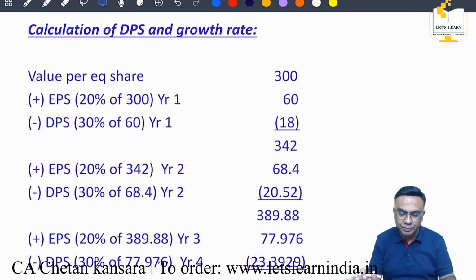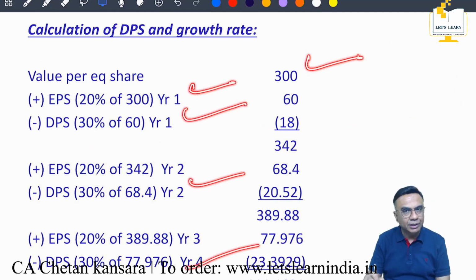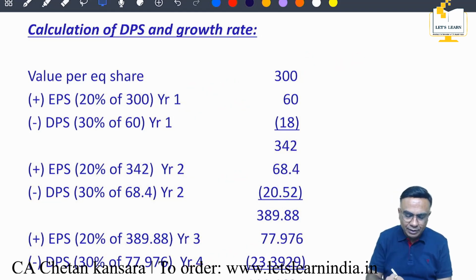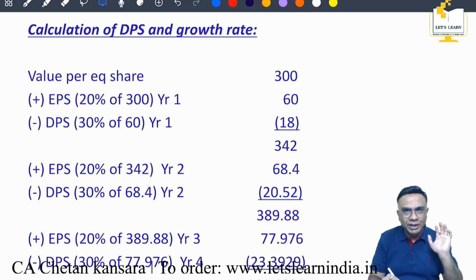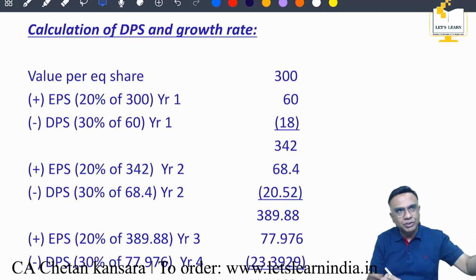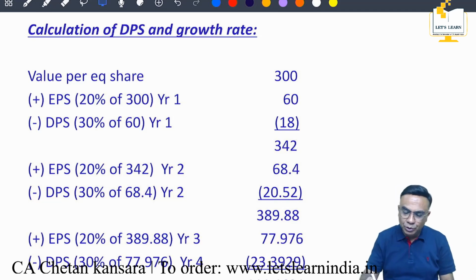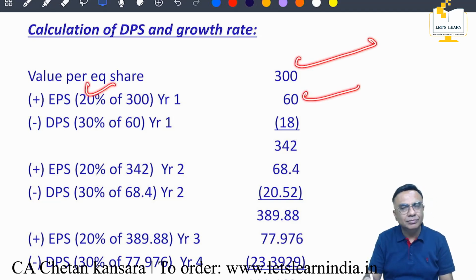Now pay attention. The value per share is 300. I am taking 3 years, year 1, year 2, year 3, to understand the concept better. In year 1, ROE is 20%, so on equity shareholders' money the company is earning 20% of 300, that is 60.